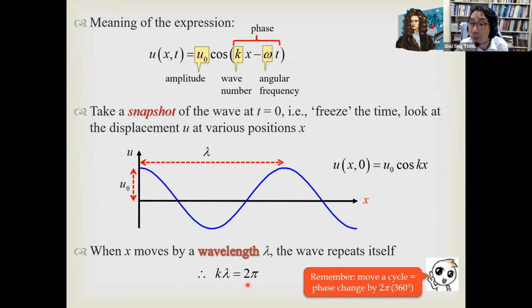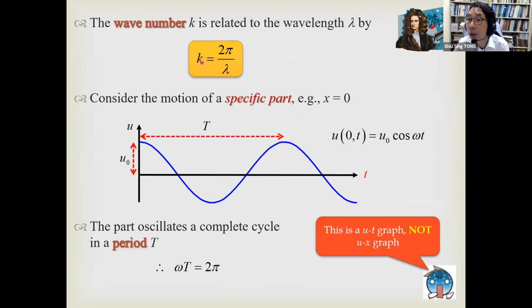And here is the relation between k and lambda: k, the wave number, is just 2 pi over lambda. This is actually very similar to the relationship between omega and the period T, which we will discuss below.